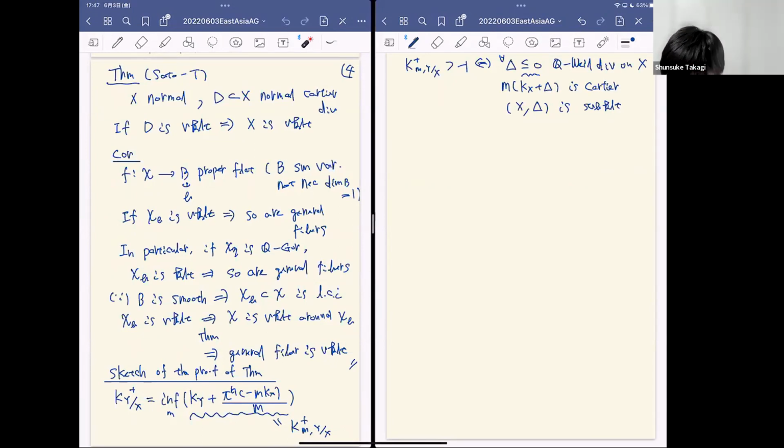But in this case our delta is anti-effective, and if you allow a divisor which is not effective, then sometimes we call it sub-KLT. Anyway, basically this is the same as KLT. The condition K plus m greater than -1 can be characterized in terms of the multiplier ideal.